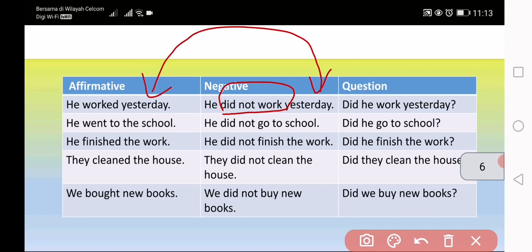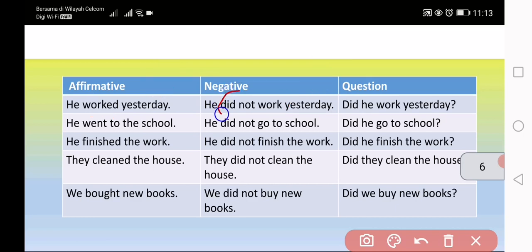So, affirmative, you either use ed. This one is regular verb. Regular, usually you have to add ed. Or irregular, yang tak tambah ed. Dia berubah. Okay, tengok. He worked yesterday. Past tense. So, we change to negative. Kita tambah apa? Auxiliary did.